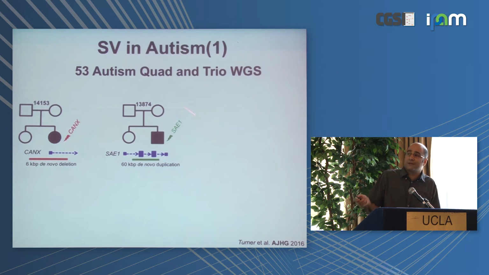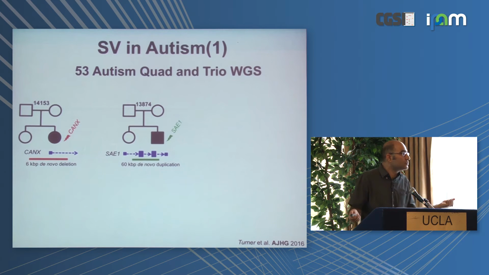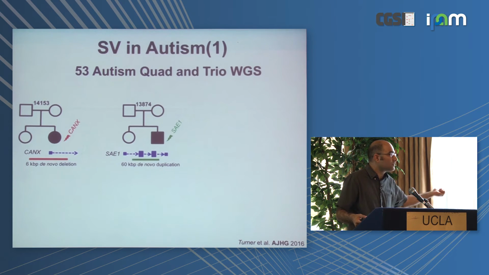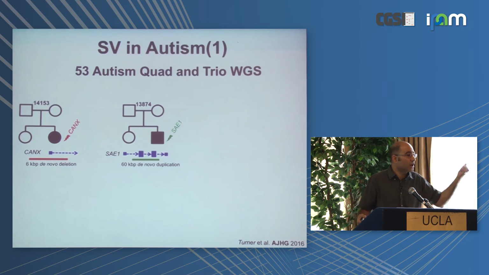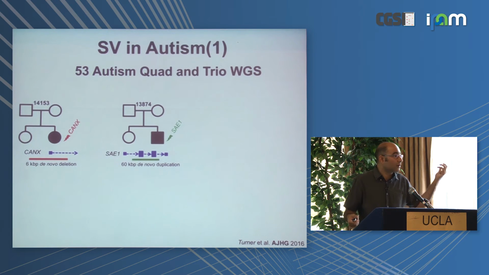I'm showing only 2 of them here out of the 53. We found de novo deletions and duplications affecting genes which we believe are important for autism. By de novo, I mean these variations do not exist in the parents and are brand new variations only observed in the child. We believe there is a very high chance that those variations are the causative reason.